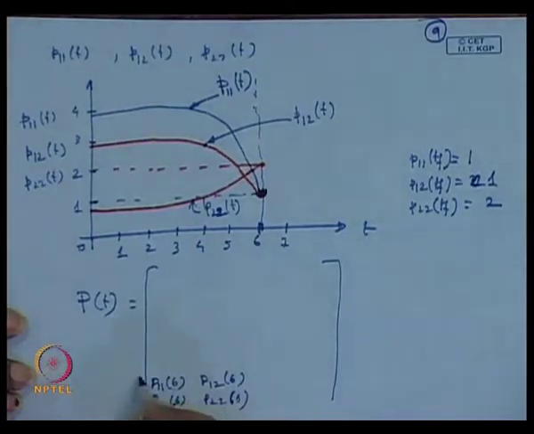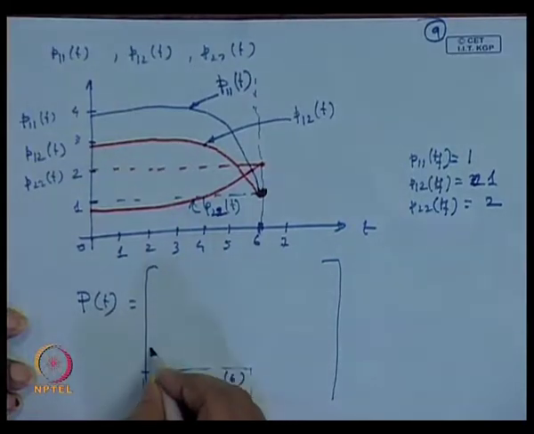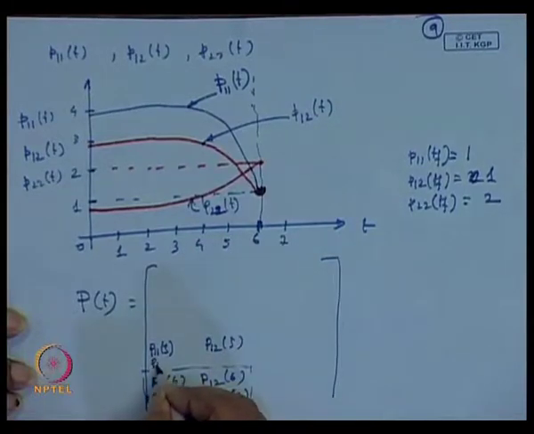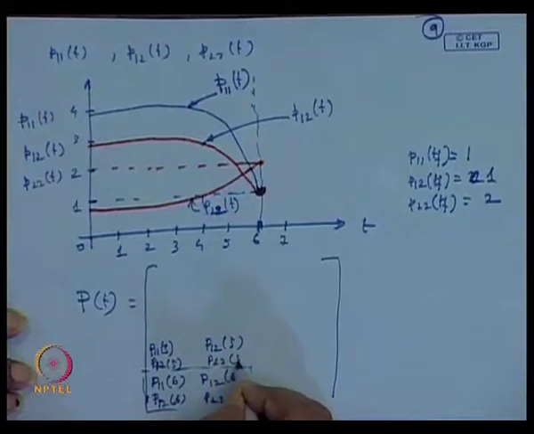With the knowledge of this, you then find P 11 5, P 12 5, P 12 5 and P 22 5.